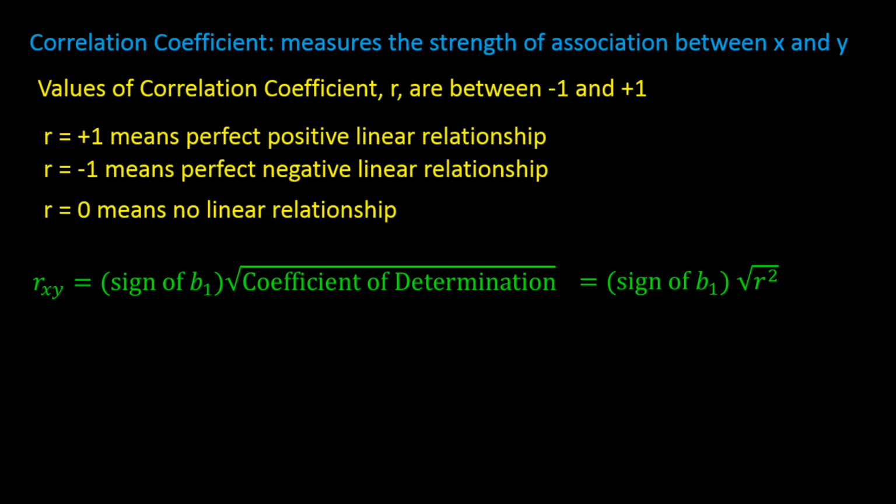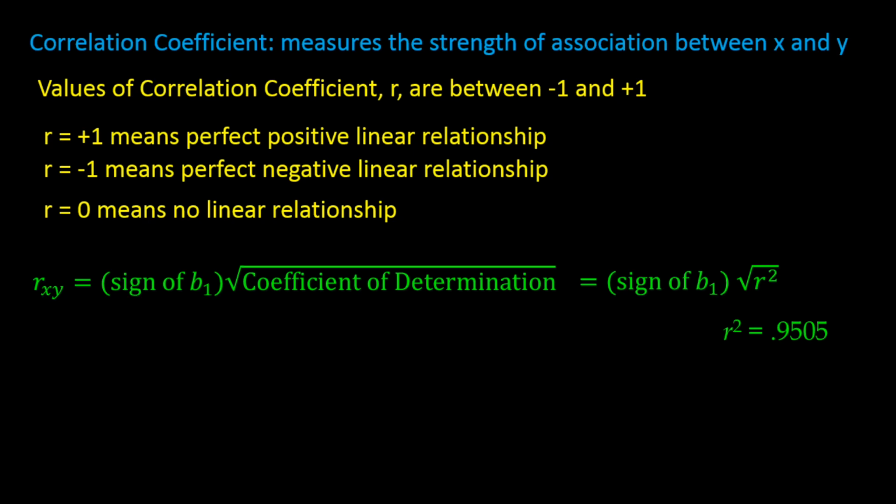So for our example, r squared was 0.9505. Now, if we just take the square root of that number, we don't know if r should be negative or positive, since squared numbers always lose their sign. So in order to know whether it is a positive or a negative number, we have to look at the slope. Is it positive or negative? And then we use the sign for our slope. In our example of grades and numbers of hours studied, the slope was a positive 4.74.